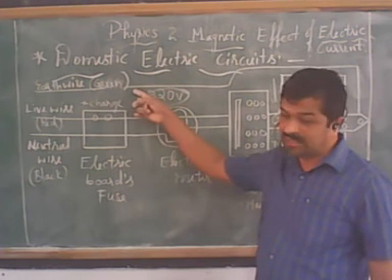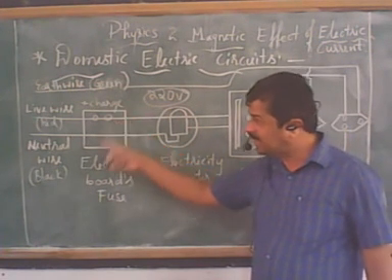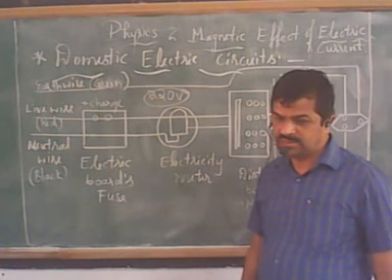So the earth wire is green in color, the live wire is red in color, and the neutral wire is black in color. Very important to understand.